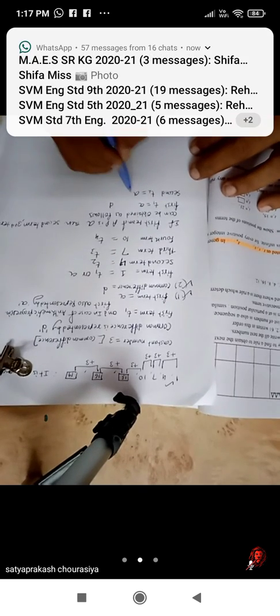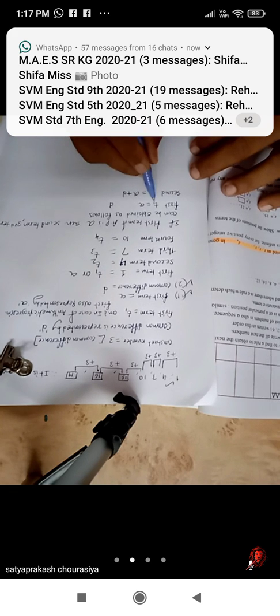Okay, so the first term, that is T1, is represented by A, and with the common difference, the second term, T2, can be obtained by adding the common difference to the first term. So the first term is A here. Okay, so that's why we get the second term by adding the common difference to the first term. The third term, T3, we can obtain as A plus 2D. Okay, it means we have to add 2 times the common difference.